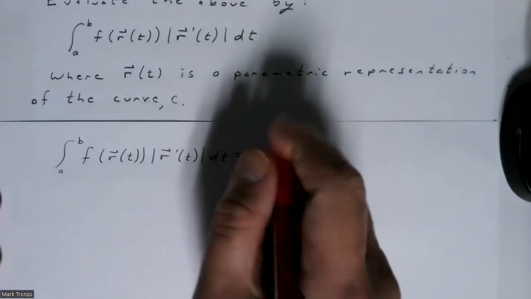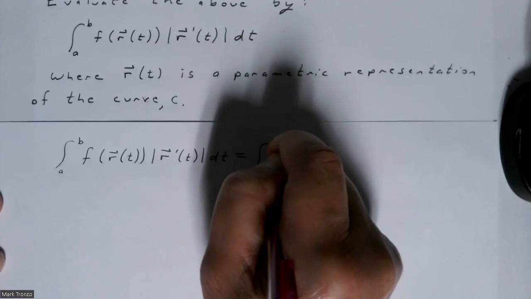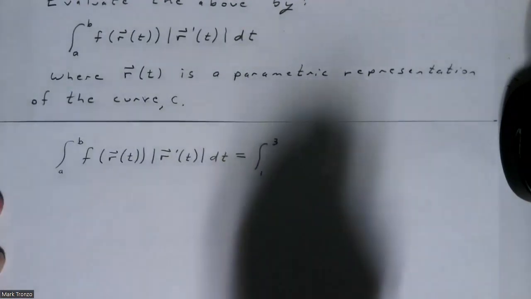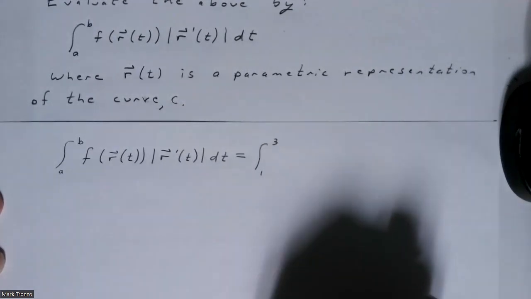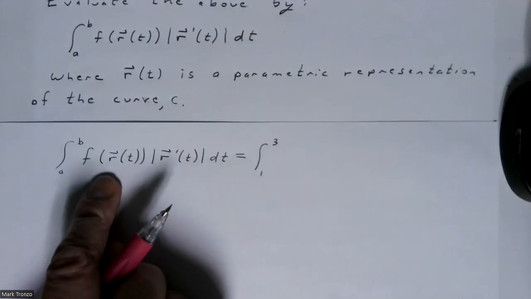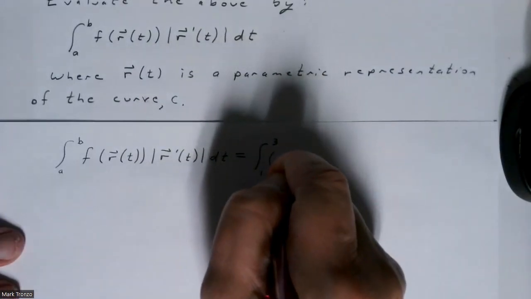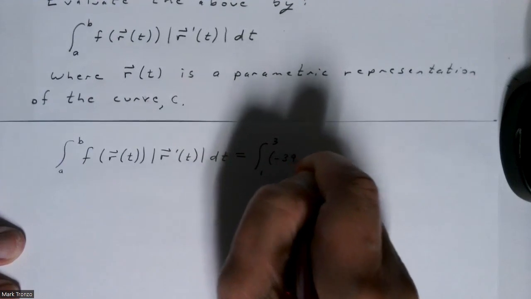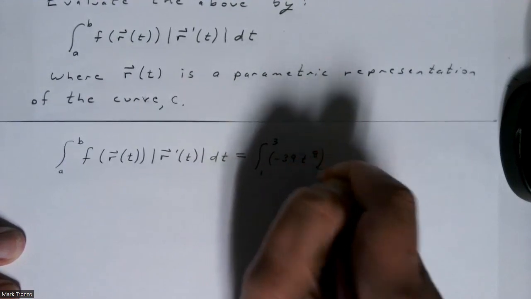So in this case, since t was going from 1 to 3, then we'll put that as our bounds. And then again, our f of r of t was what we found over here. Negative 39 t to the 8th.